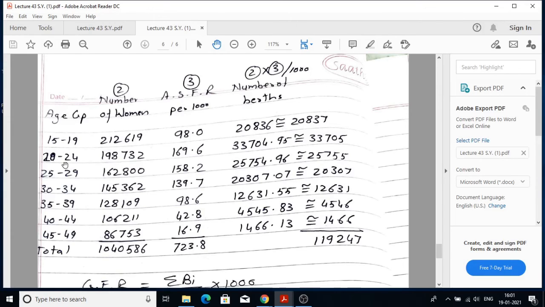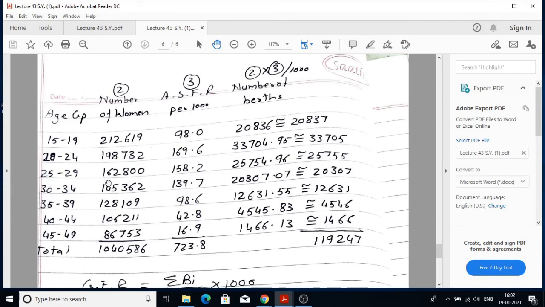Next age group is 15 to 24. Number of women are 1,98,732. ASFR per 1000 value is 169.6. So total number of births can be calculated as 1,98,732 into 169.6. The answer is approximately 33,705. Next age group is 25 to 29.